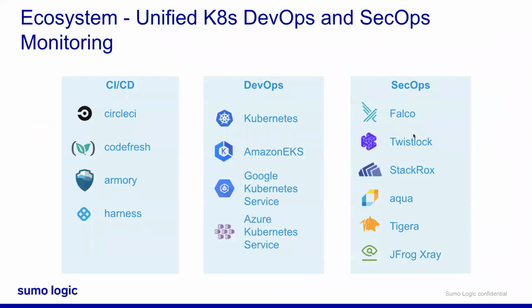And so a little bit more on the ecosystem side of things. This isn't just stuff that Sumo has been developing. We've also got a lot of partners in this environment, and that works across both the security side of the coin, with things like Twistlock, StackRox, Aqua, and JFrog Xray, and then over to more of the CI/CD tooling pipeline, with apps from people like CircleCI, CodeFresh, and Harness.